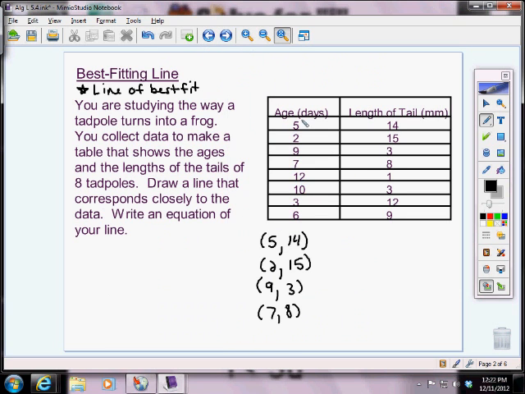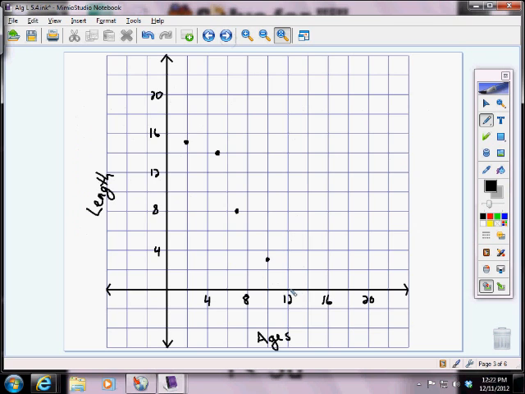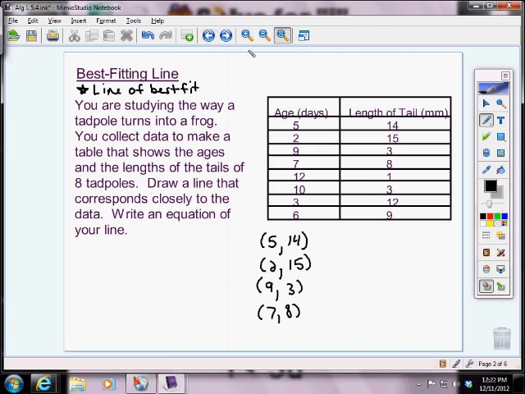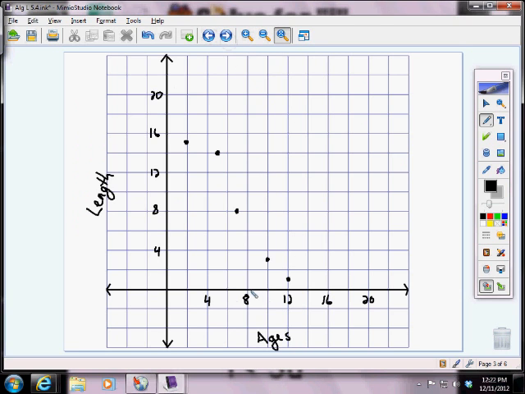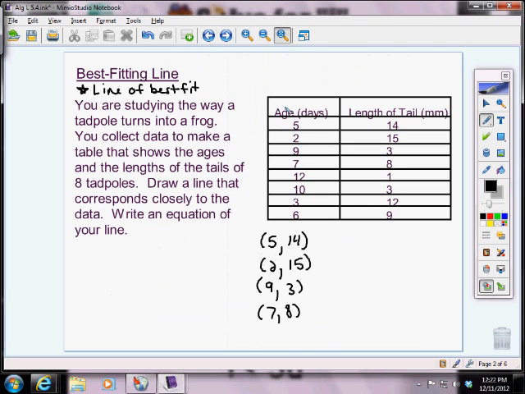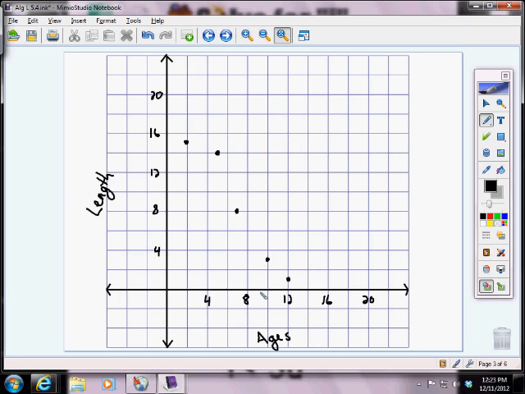We have the point 12, 1. We're at 12 days, and 1 would be halfway in between. 10, 3. It's 10 and 3. We already have that point because I messed up. We have 9, 3 and 10, 3. I'm sorry. 9, 3 should be right here. And then this is 10, 3.